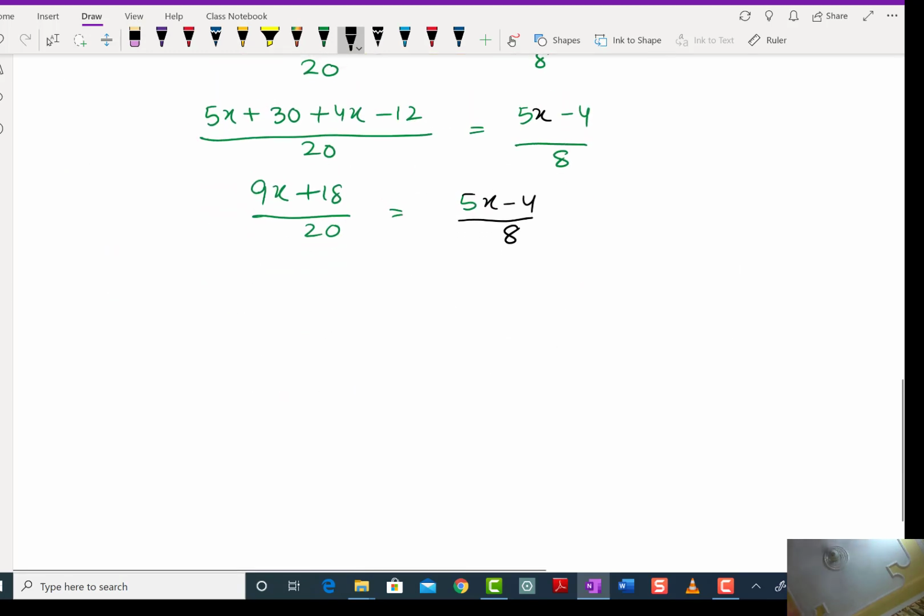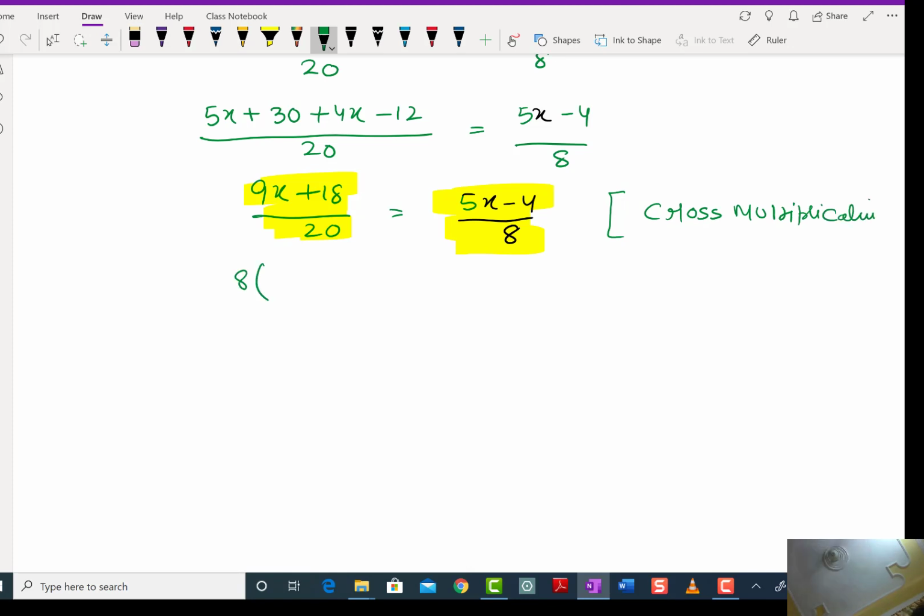Now we have two fractions, left hand side and right hand side. When we have two fractions, then we do cross multiplication. This will be 8 into 9x plus 18.